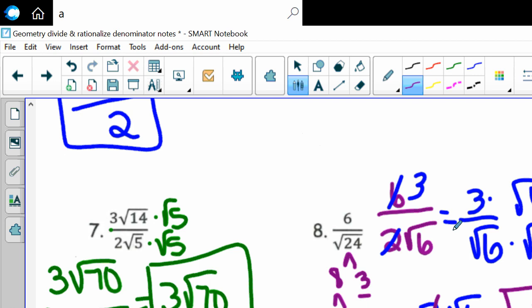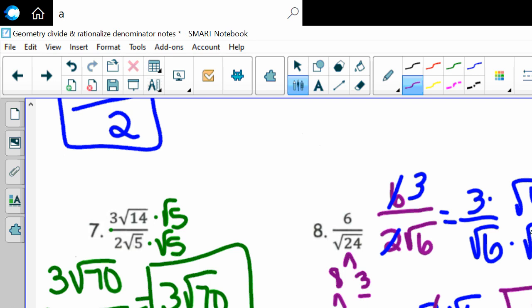Again, just by simplifying at the beginning, we can make it much easier problems and much smaller numbers to work with. Now all I have to do is rationalize the denominator. I need to get rid of the radical, so I'm going to multiply top and bottom by the square root of 5. So on top, I have the square root of 5. On the bottom, I have 2 times 5, which is 10. So our answer is the square root of 5 over 10.